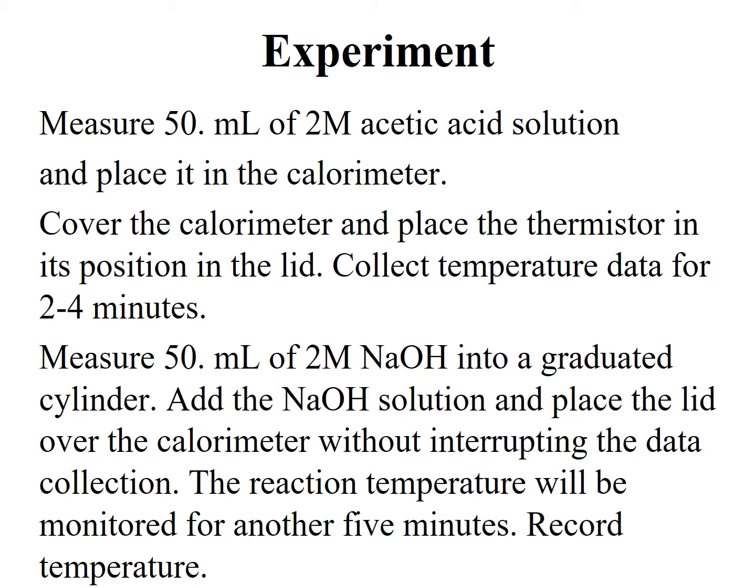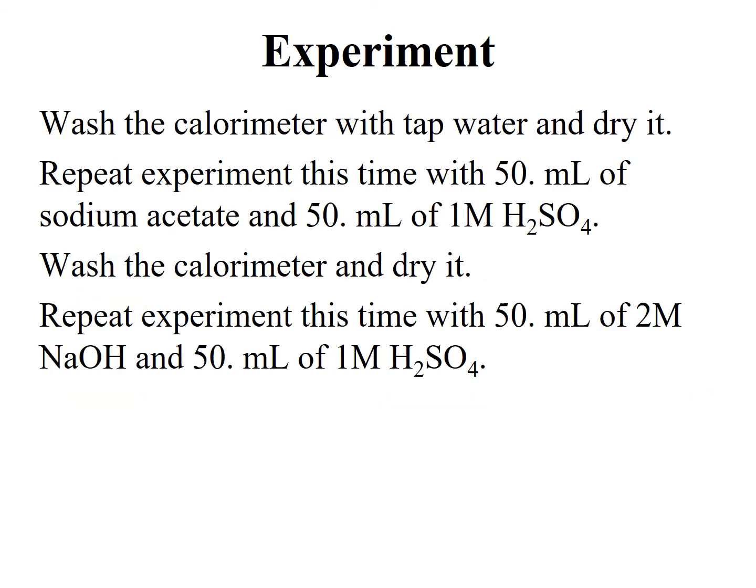Now, measure 50 ml of 2 molar sodium hydroxide into a graduated cylinder, add the sodium hydroxide, and place the lid over the calorimeter without interrupting the data collection. The reaction will be monitored for another 5 minutes. Record the temperature. And then you're going to repeat it with other reagents.